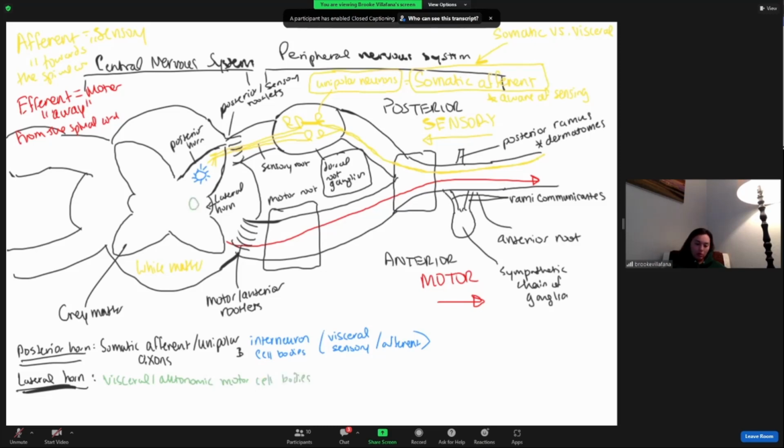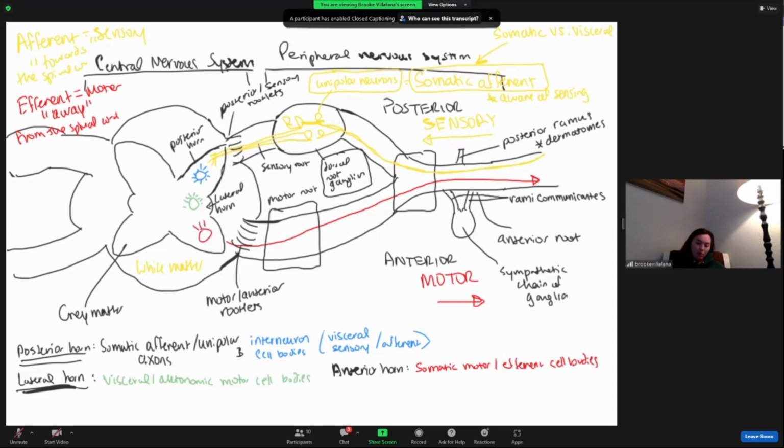So there's some motor neurons right here found in the lateral horn, but they are specific to visceral or autonomic motor. And then finally we have the anterior horn, and the anterior horn has the somatic motor or efferent cell bodies.